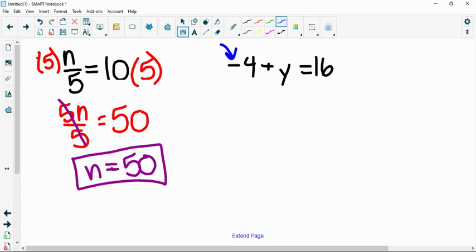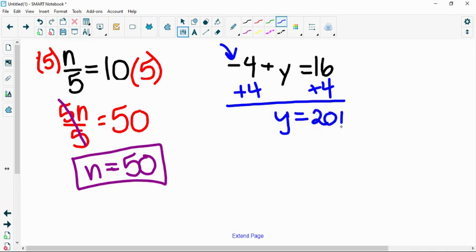It says a negative 4. So the opposite would be to add 4 on each side. Leaving me with y is equal to 16 plus 4, which is 20.